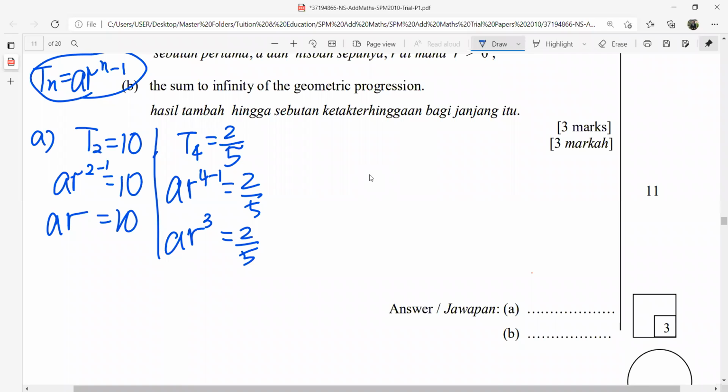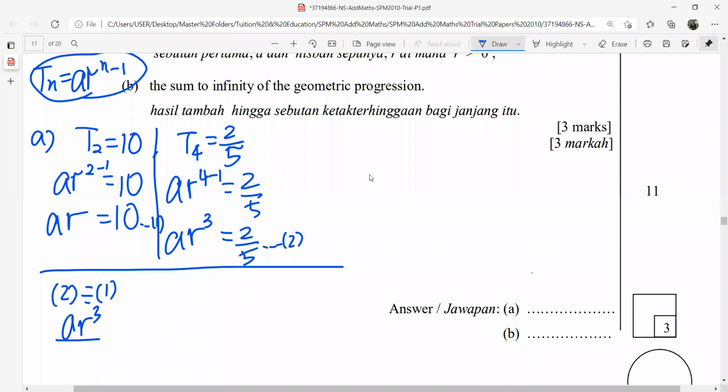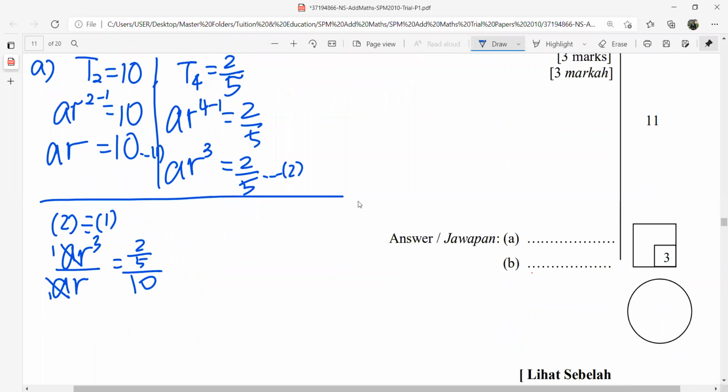What I can do is always find the R first, to find the A under GP. You use divide. Equation 2, which is bigger, R power 3, divide by equation 1. You know why? If you divide, you can cut the A and find the R already. 2/5 divided by 10 is 2/50.